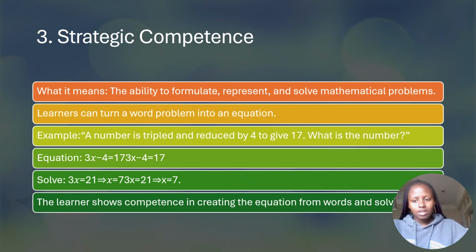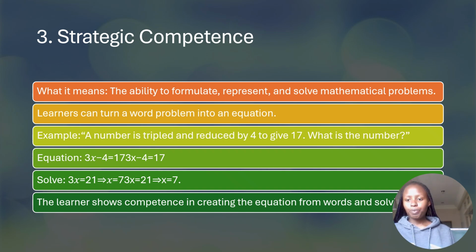Strategic competence. This is when learners are able to link this topic with real life situations. This is the ability to formulate, represent, and find mathematical solutions to solve a problem. It's about turning real life situations into math equations.